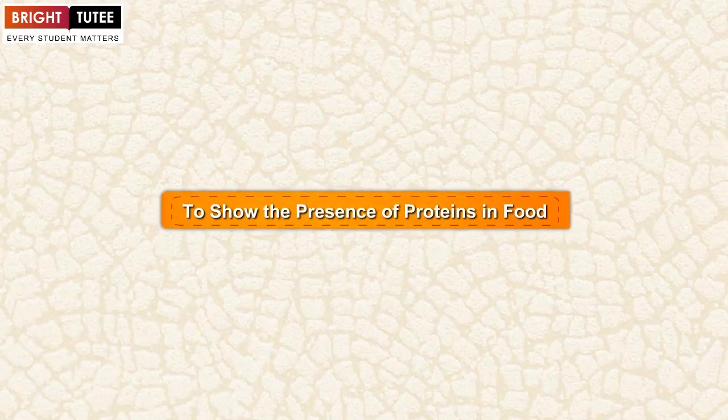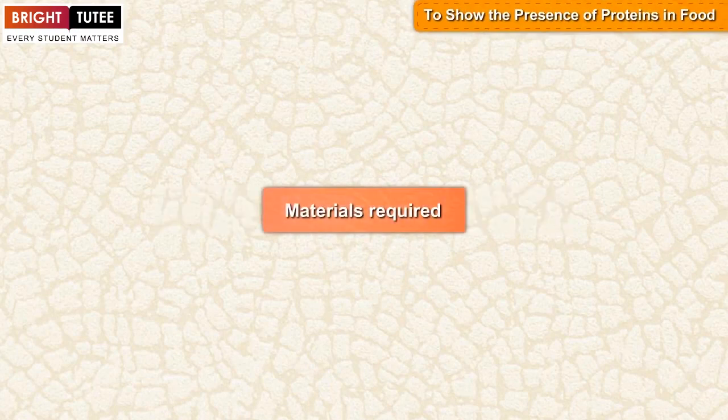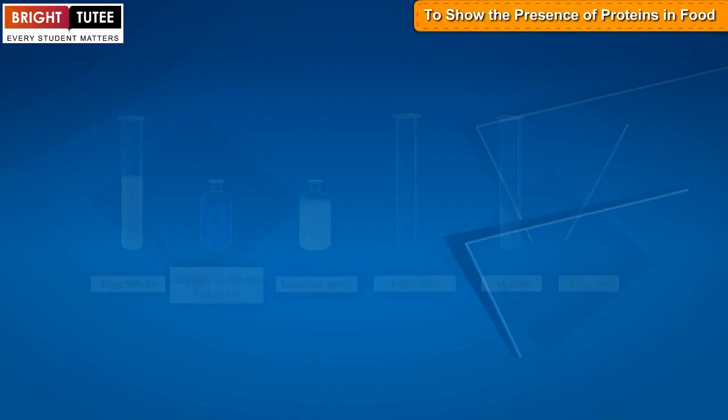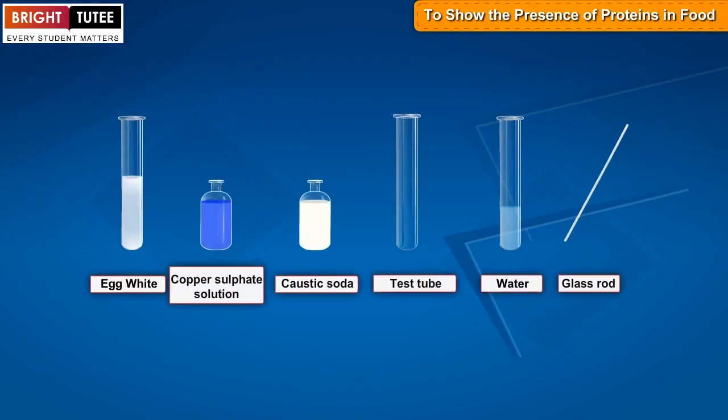To show the presence of proteins in food. Materials required: egg white, copper sulfate solution, caustic soda, test tube, water, glass rod.